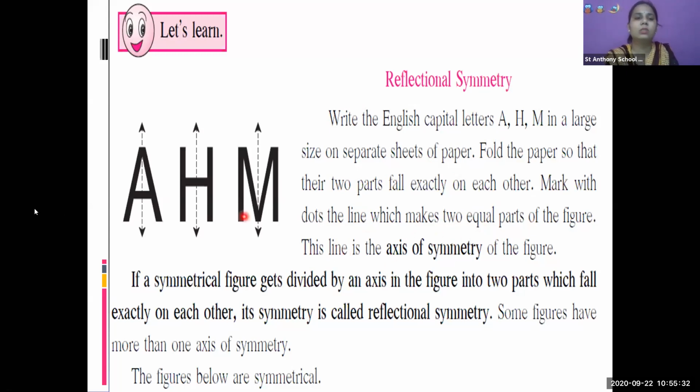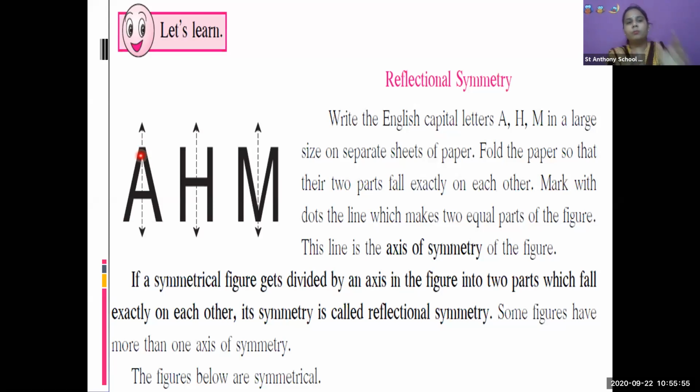For example, now this is A. If you draw a big A on your paper, and if you fold it from the topmost side of A, what happened?